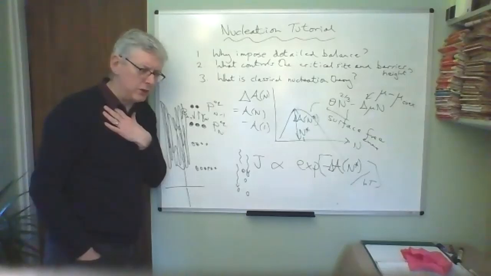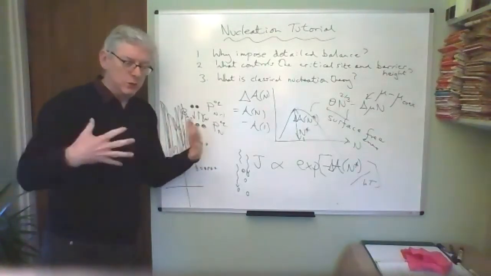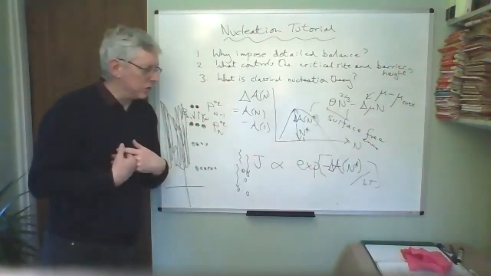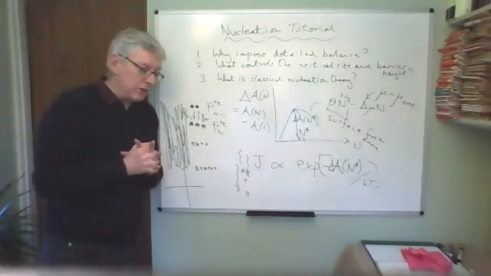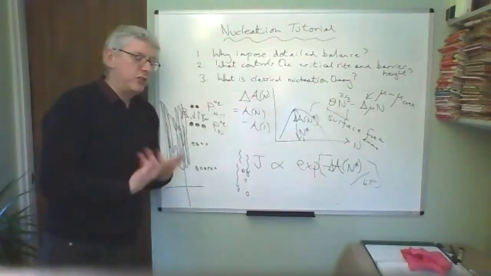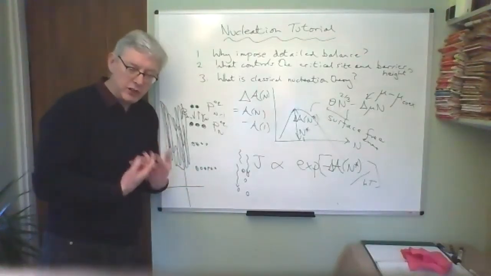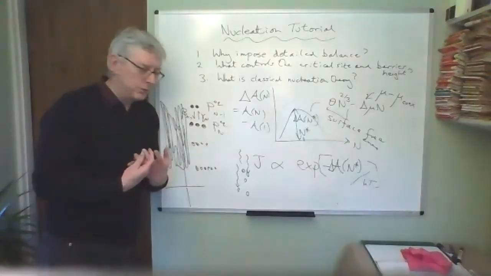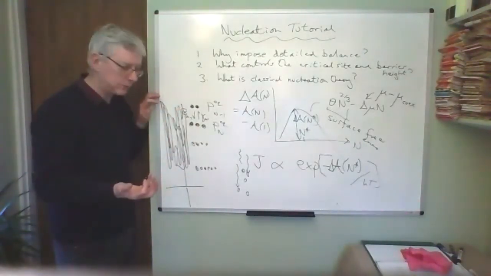How is it then that we can use equilibrium statistical mechanics, where the two phases have the same chemical potential? How do we then build this model? The answer is we build the non-equilibrium kinetics by extrapolating the kinetics of equilibrium, where the up and down rates are equal.